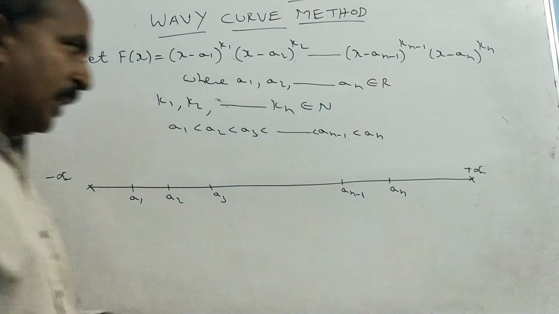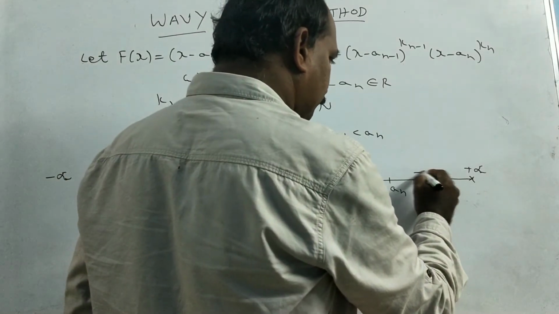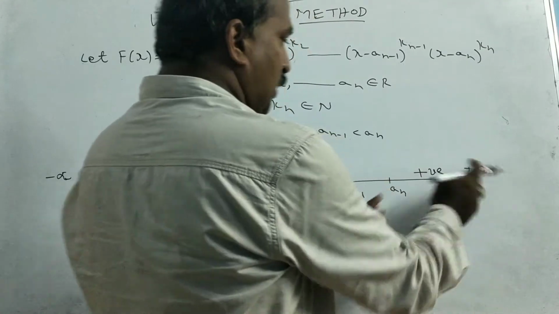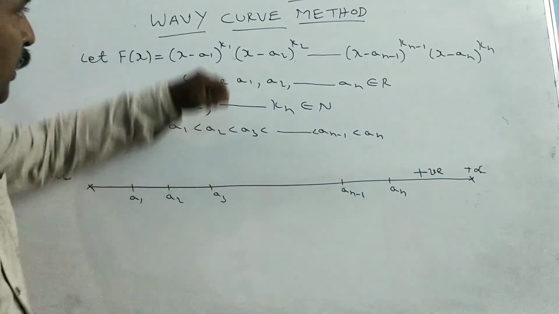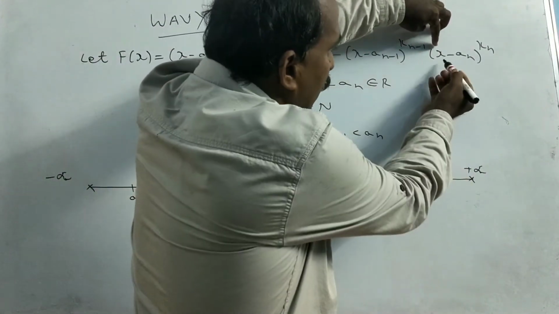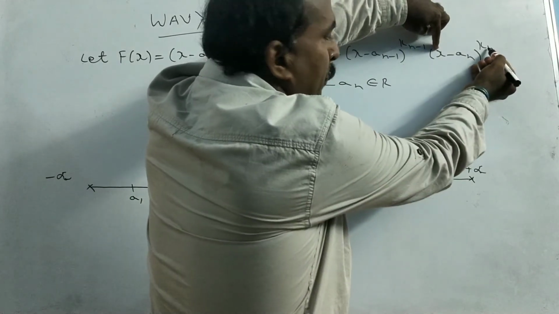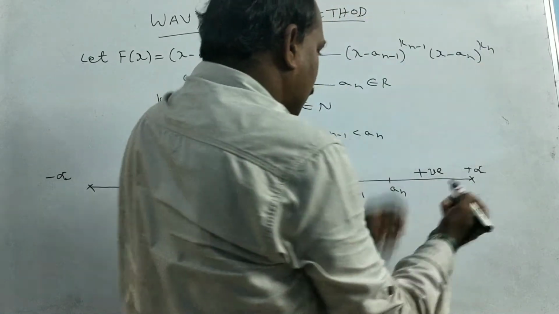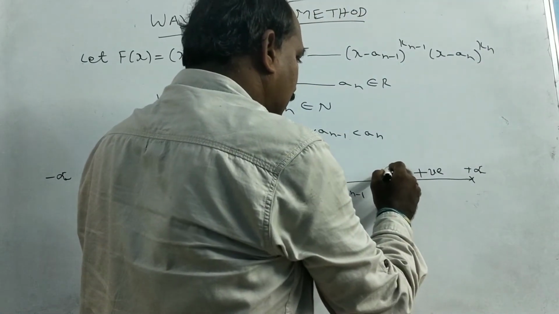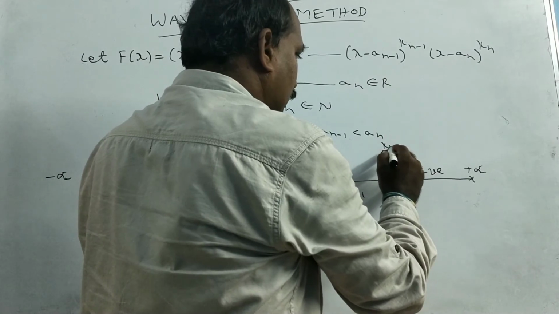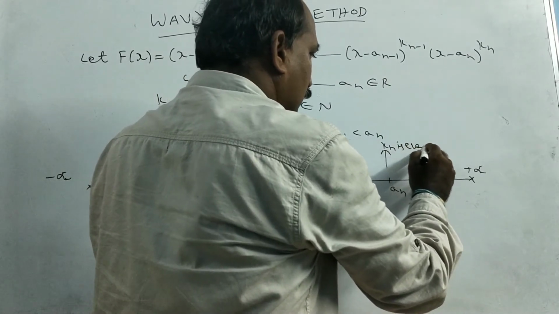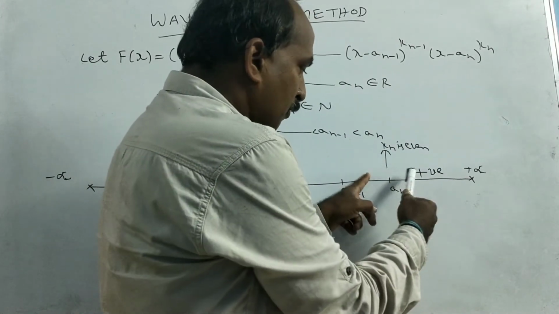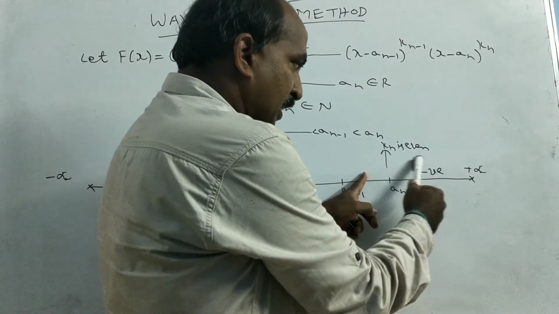We always take positive sign in the last interval. Here we have x minus an whole power kn. If kn is even, then we take the same sign here, that is the positive sign.